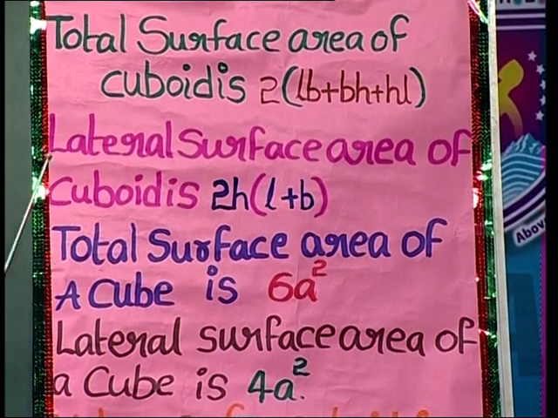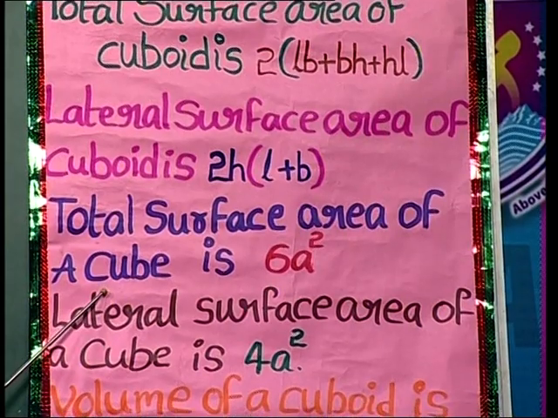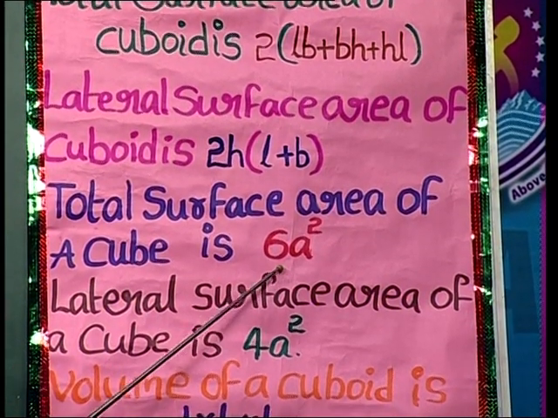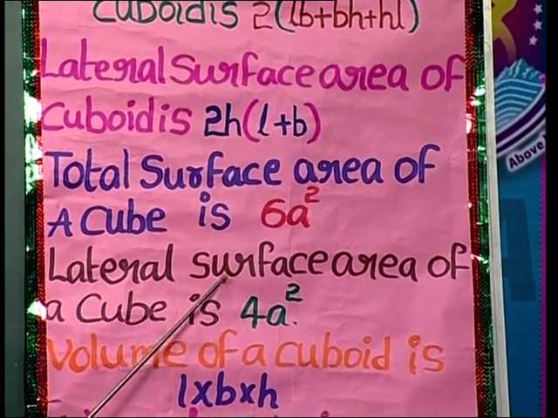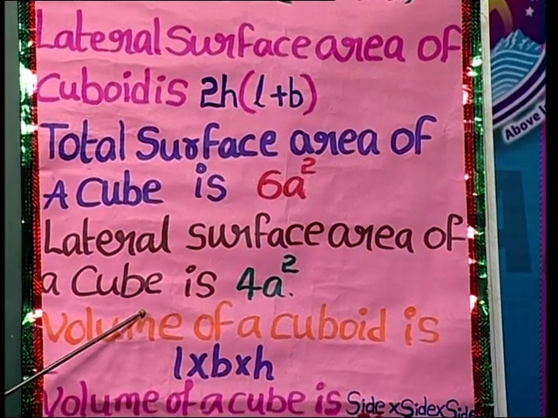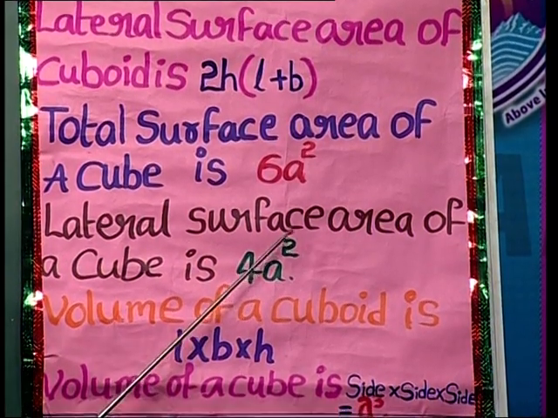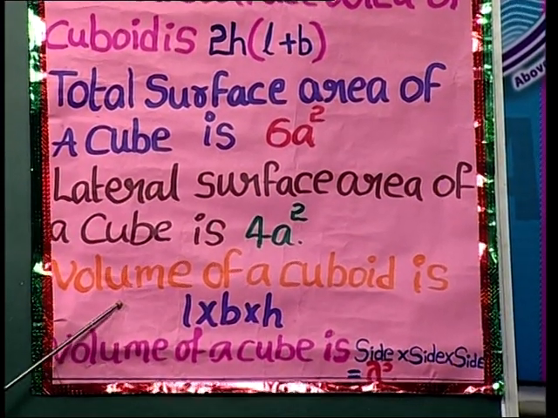Next, the total surface area of the cube is 6A square or 6L square. Next, the lateral surface area of the cube. What is the formula? 4A square.